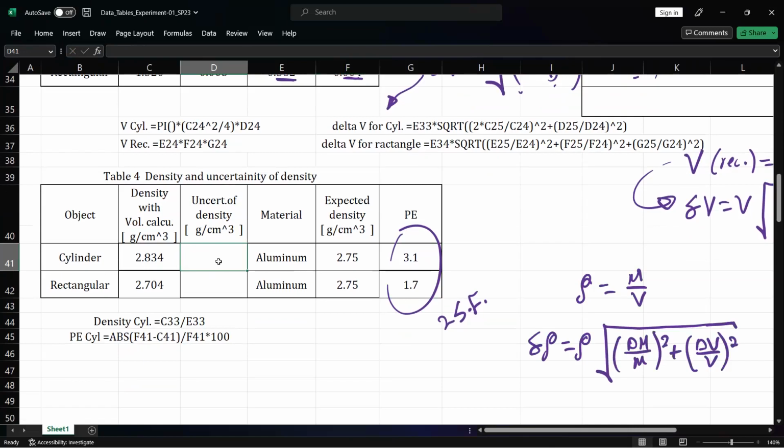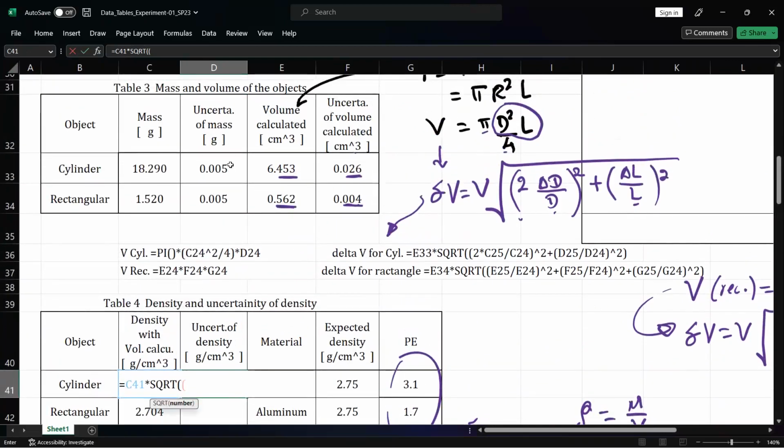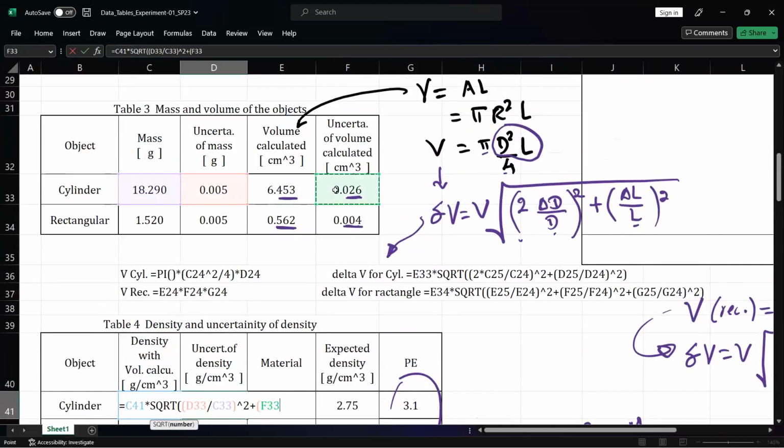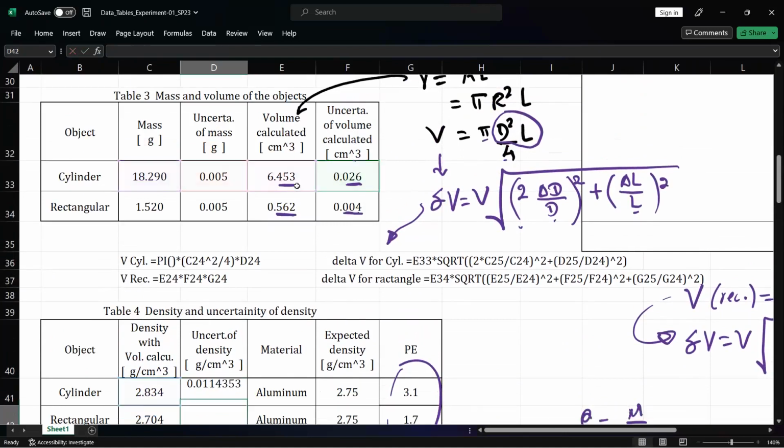So let's write it down: that function equals the density we measured multiplied by SQRT, open double brackets, mass error for the cylinder right here, divided by the mass of the cylinder, close bracket, power 2, plus open bracket, volume error for the cylinder, divided by the volume of the cylinder, close bracket, power 2. Close bracket for the square root.